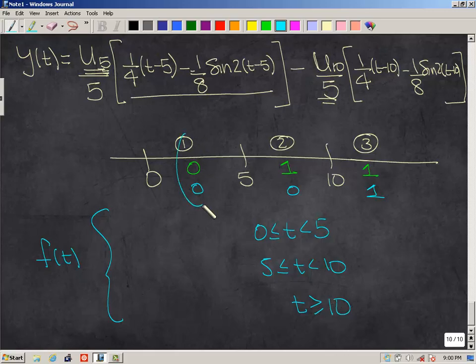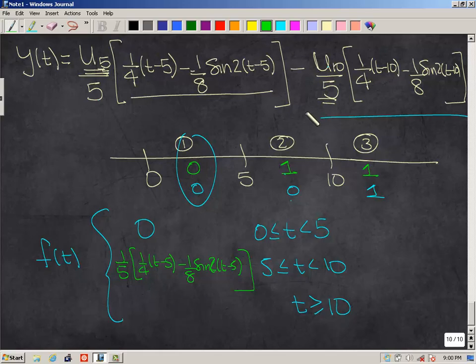In the first piece, both these step functions are 0, so they'll make the whole thing 0. And after that, the green function, this u of 5, is 1, and u of 10 is 0, so this is gone. So you just have this left. So we have 1/5. Don't forget that 1/5. So you get 1/5 times 1/4 t minus 5 minus 1/8 times sine of 2 times t minus 5.